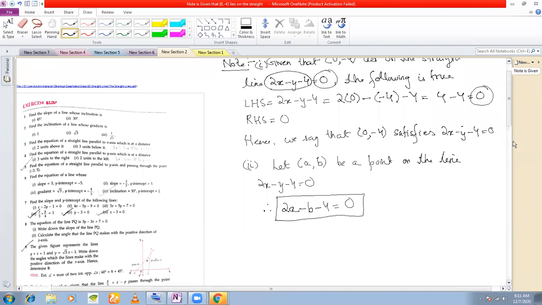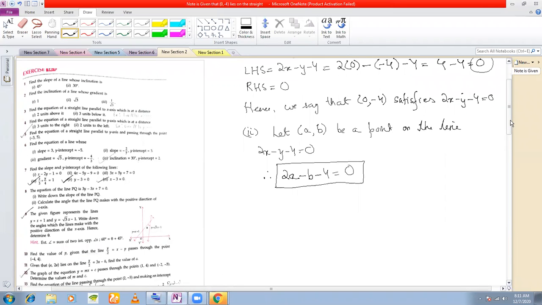We move on to the next standard form, that is point slope form.